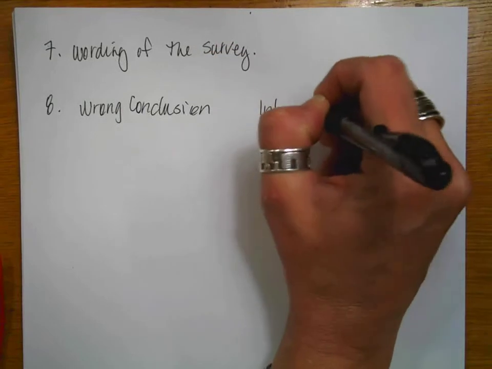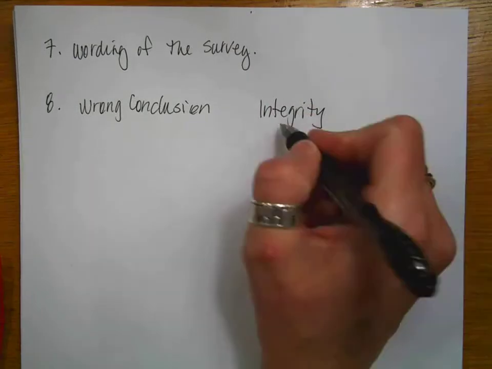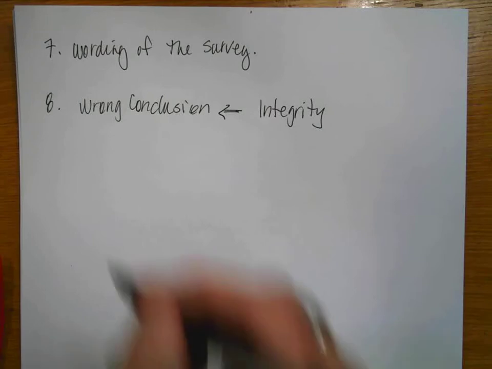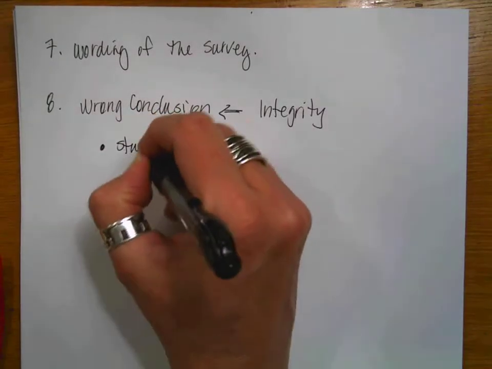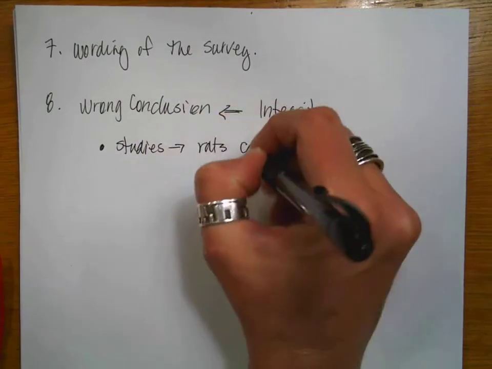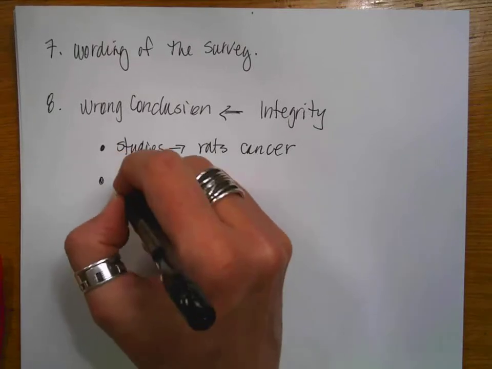So integrity, meaning are you truthful or do you do what you say you're going to do, is often in question when we talk about a wrong conclusion. For example, many studies have been done on rats about cancer. We tend to test rats with things because we want to test them first before we test humans.